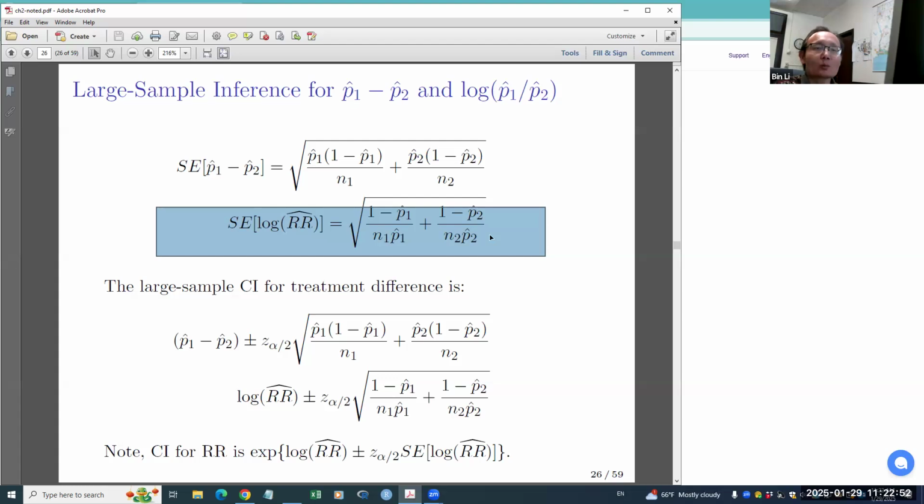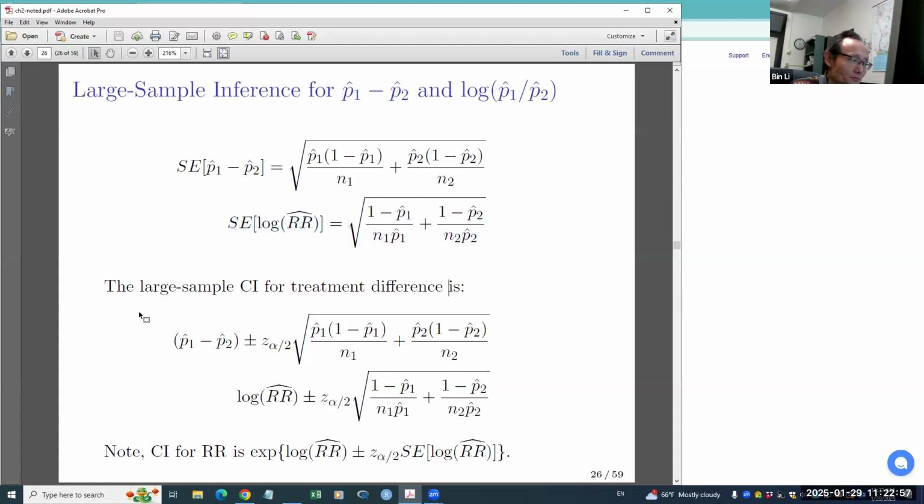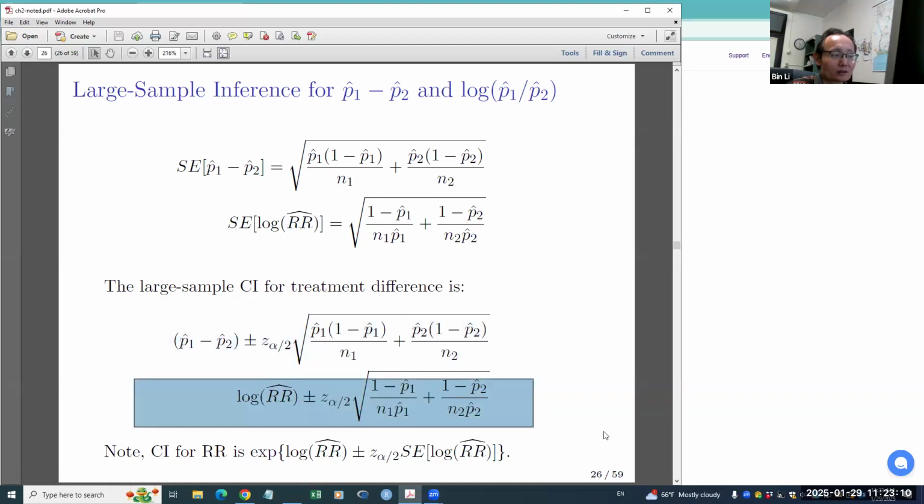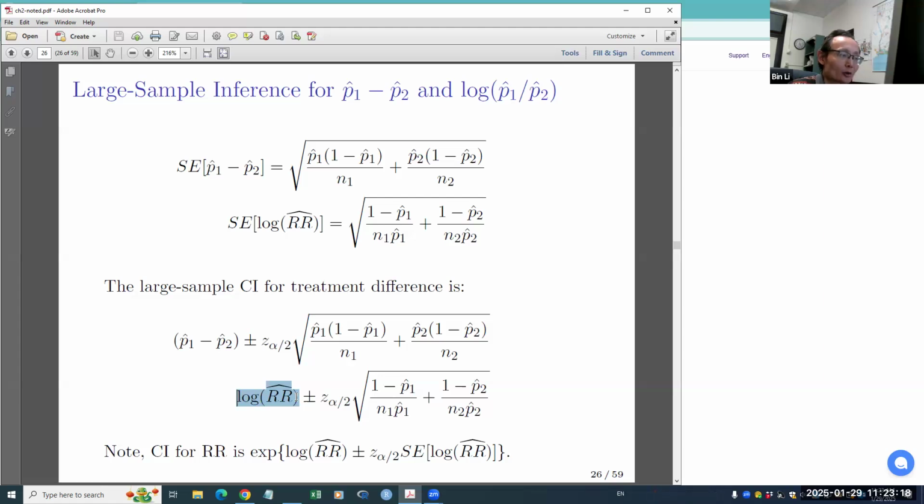If you're familiar with the delta method, you can easily prove that. So the large sample confidence interval for the treatment difference using the difference approach is this one. Using the relative risk approach is this one. But remember, this is for the log of the relative risk. So if you want the confidence interval for the relative risk, you have to take the exponential on both the lower and the upper limit.